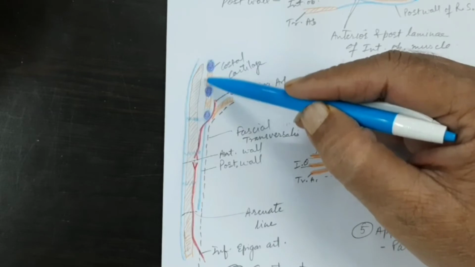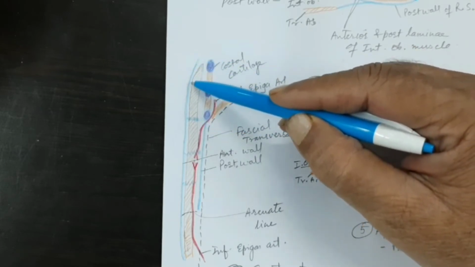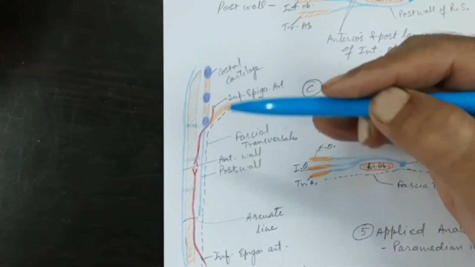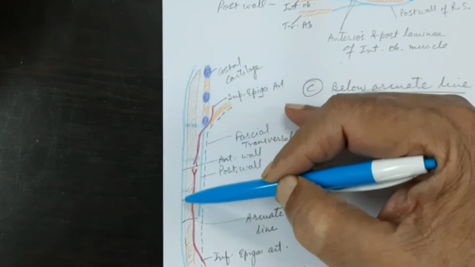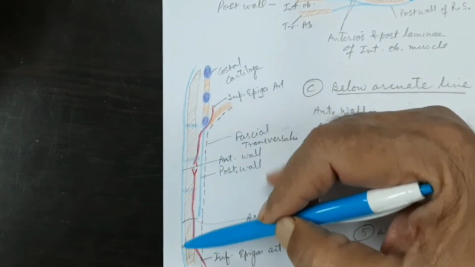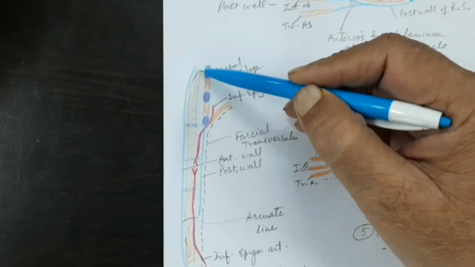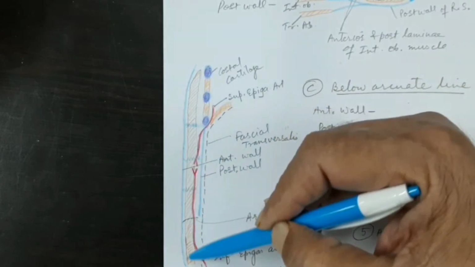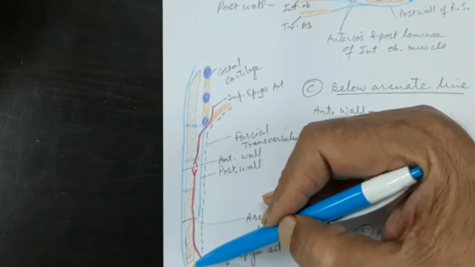So the sheath is not here. This is the posterior wall and this is the anterior wall, that is the aponeurosis of the external oblique abdominis, which represents the anterior wall of the rectus sheath, and it is throughout, right from the 5th costal cartilage where the upper end of the rectus abdominis muscle is, till it ends into the pubic symphysis and pubic crest.